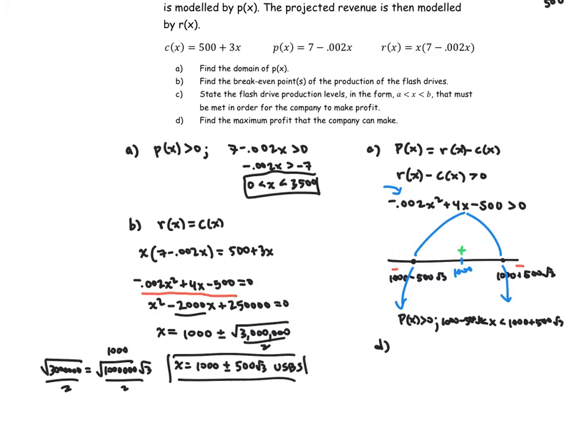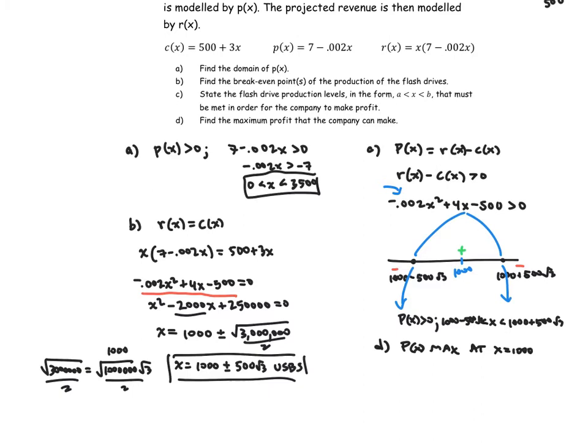Okay, part D. It says find the max profit that the company can make. So not just how many units will maximize profit, because we know that. We know P of X is maximized at X equals 1,000 units.